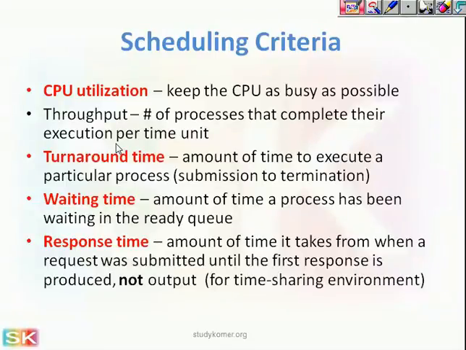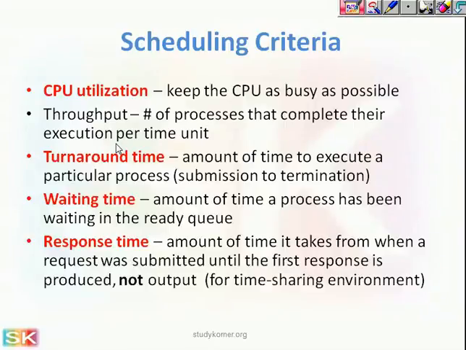Throughput is the number of processes that complete their execution per unit time, right? So throughput is another parameter which we have to consider. Turnaround time is the amount of time to execute a particular process, that is the submission to termination duration.